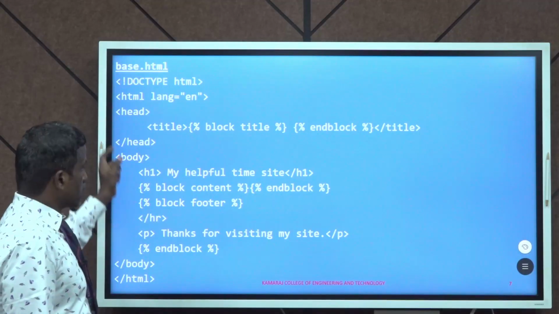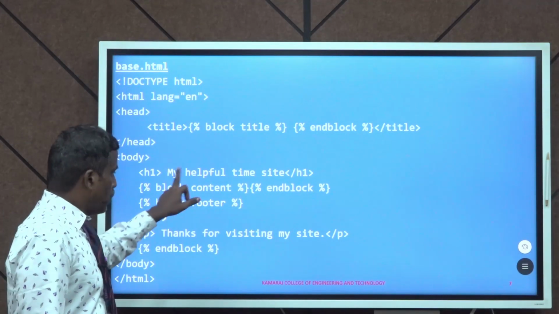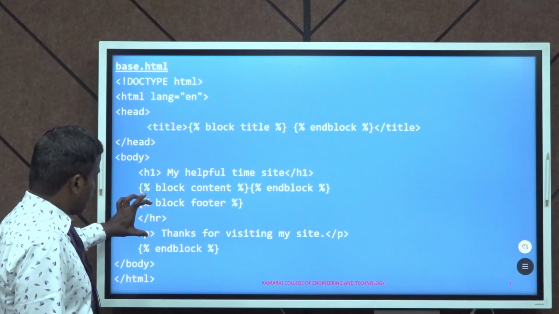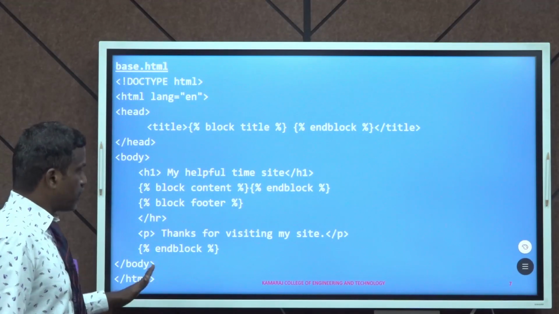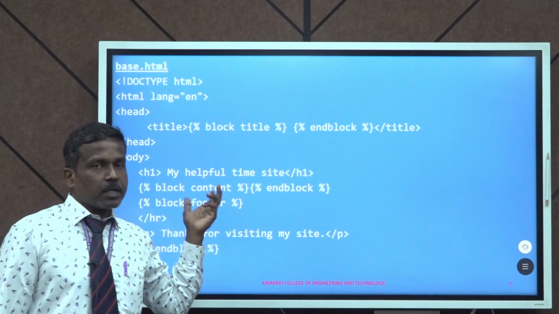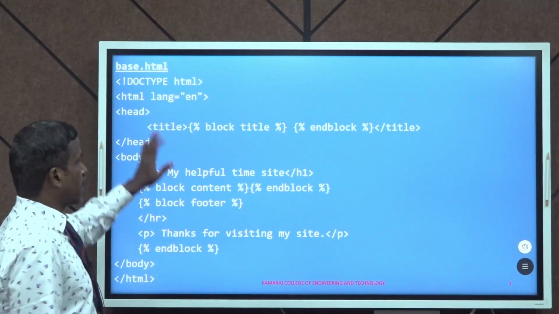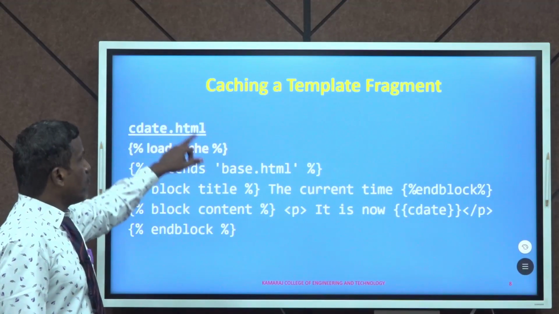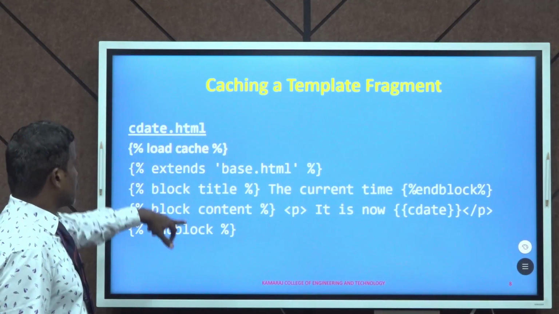In the body part we are providing one block which represents the actual content and another block for providing the footer content. It is a template. Whenever a particular template is inherited, the actual content will be updated based on that inheritance. Now we are going to use the particular template in this file.